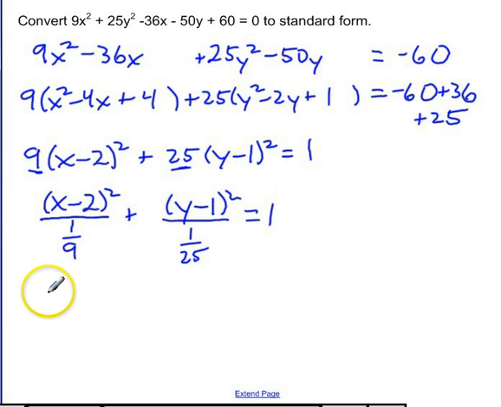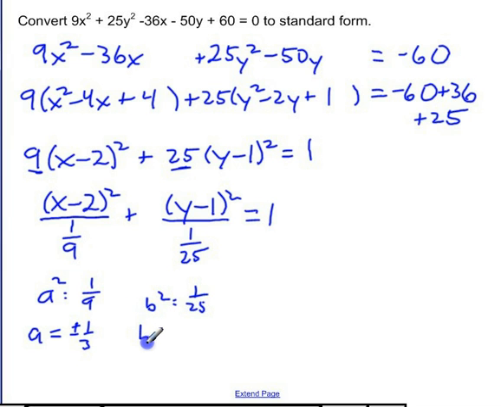So that means that my a squared is 1/9, which means my a is plus or minus 1/3. My b squared is 1/25, so my b is plus or minus 1/5. And that's enough for you to finish graphing that if you wanted to.